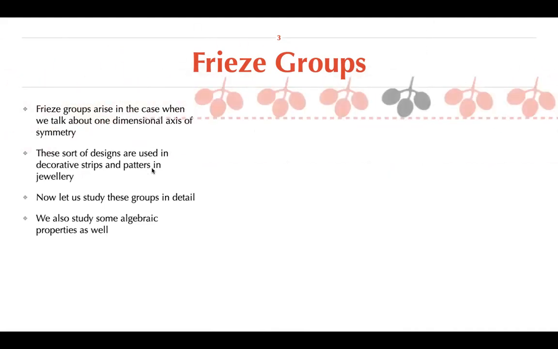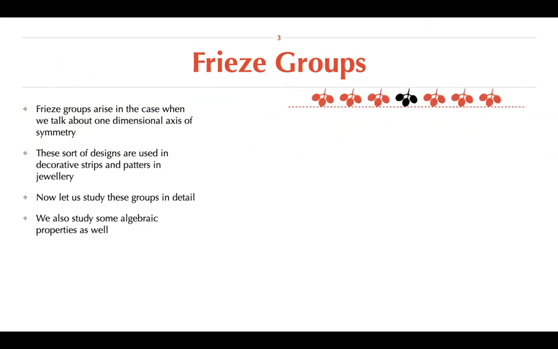This is the first case. Can someone guess what is happening here? Let's say you start with the black one as a unit, or a design or a pattern, and what is happening to the other patterns?